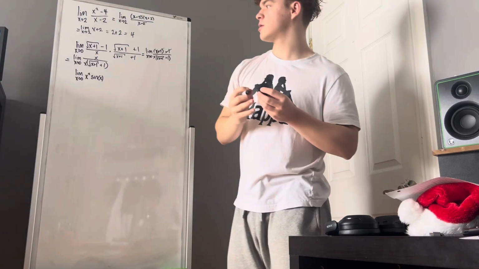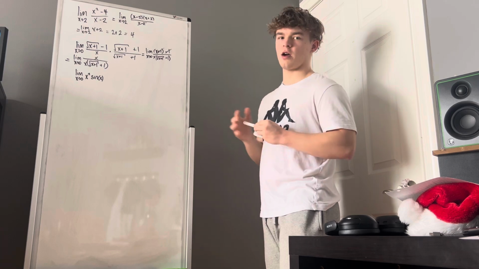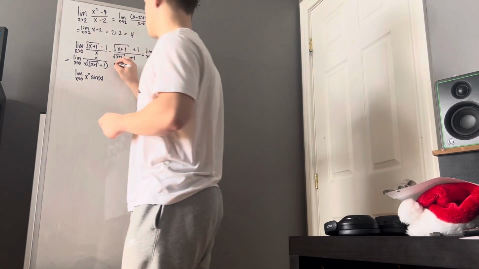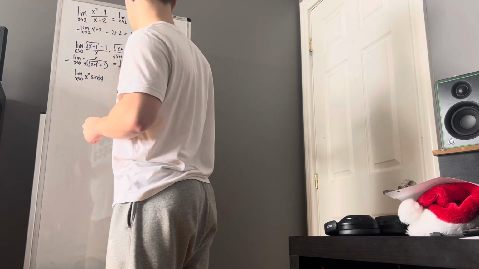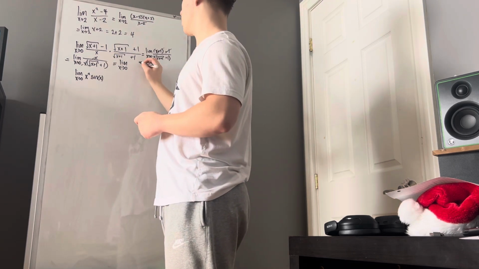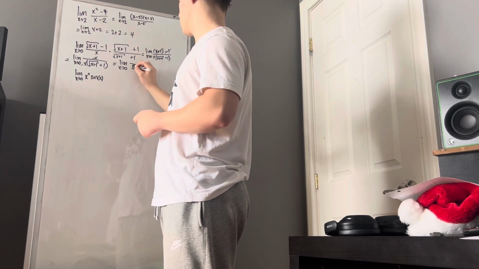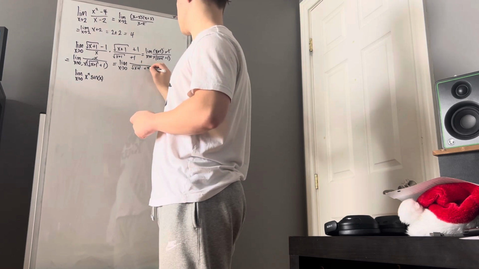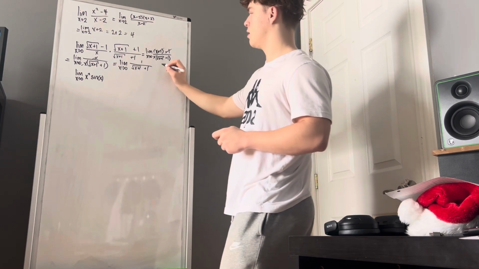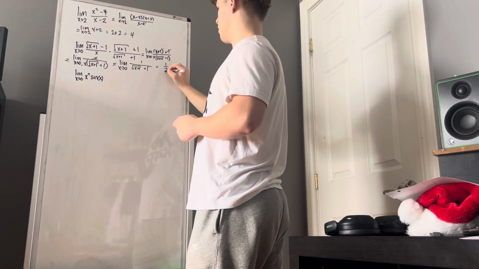And now we notice we have a common factor on the top and the bottom, just like we did up here. And what we get is the limit as x approaches 0 for just 1 over root x plus 1 plus 1. If we let x equal 0, we've just got 1 over root 1 plus 1, which is just 1 over 2.